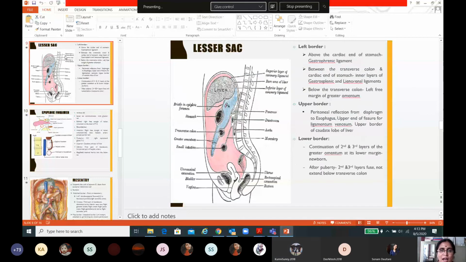What is the name of the ligament above the transverse colon which forms the left border of lesser sac? Gastrophrenic ligament. Very good. And others?